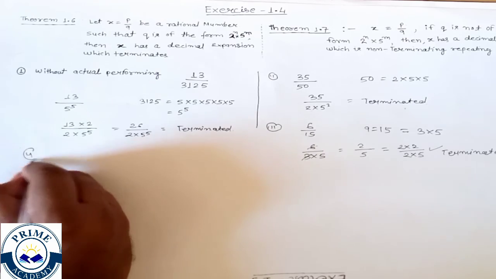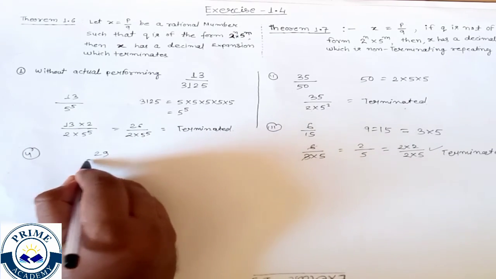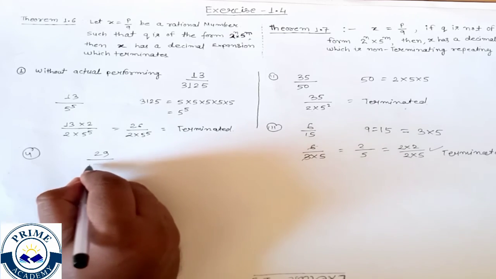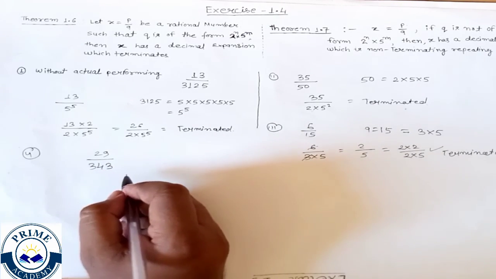Next, the fourth question: 29 upon 343. Let's see whether this is terminating or not.